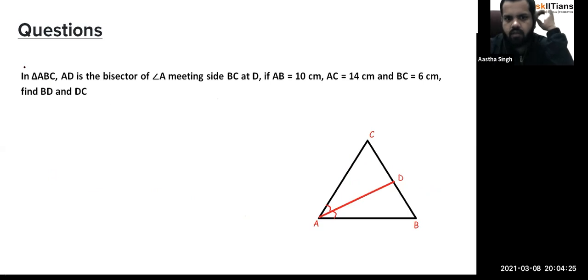Question: in the given triangle ABC, AD is the bisector of angle A. If this is the bisector, you can use the angle bisector theorem, which says AB upon AC will be BD upon CD. AB is 10, AC is 14, and the whole BC is 6.